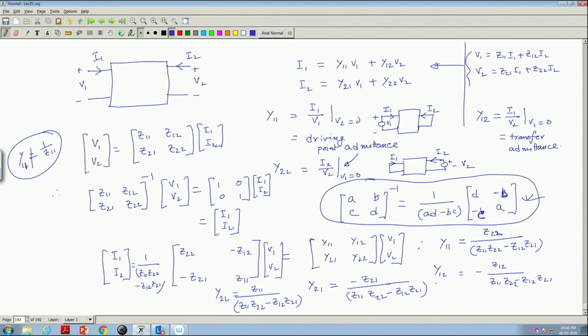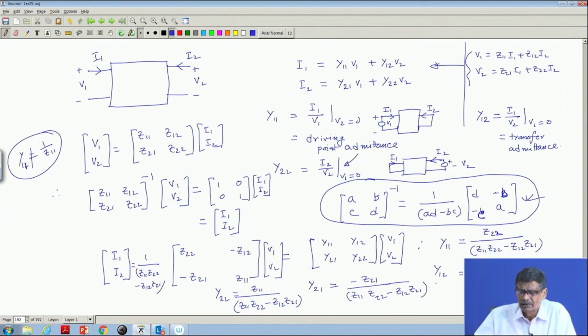Now, the question is, if the Z matrix exists, should the Y matrix also exist? Not really. See, all these things we find, you are dividing with this product to calculate the different y parameters from z parameters, is not?